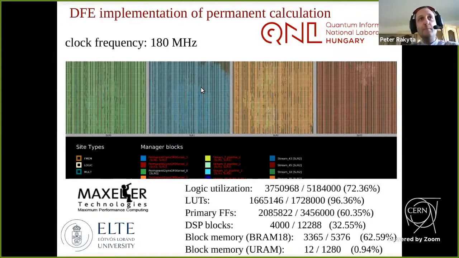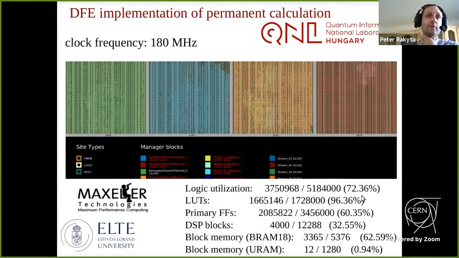So you need to keep it in mind when you design your implementation. And here each color represents a different kernel. This kernel implements the steps I was just showing you in the previous slide. Okay, things are much more complicated, but I don't want to go into details.